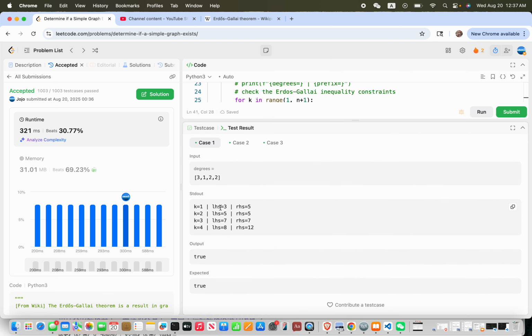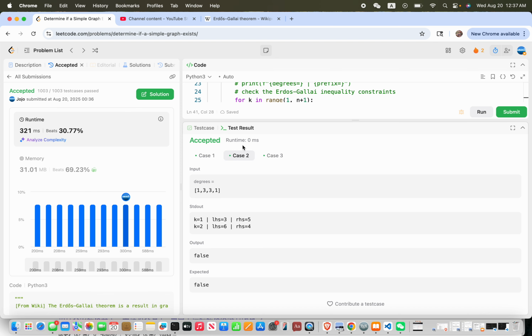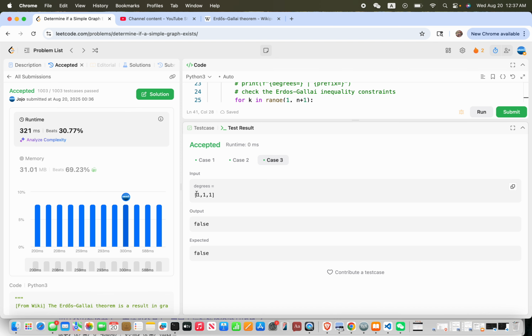You will see, right? This is 3 less than 5, 5 less than or equal to 5, 7 less than or equal to 8, less than 12, right? Here, the left-hand side is greater than 4, so we return false. And this one, because the summation is odd, right?